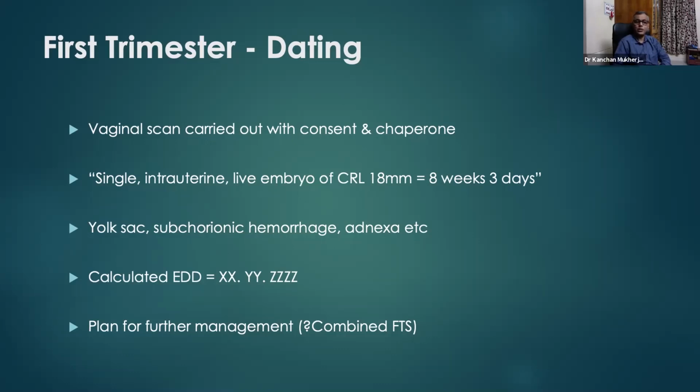Whether you have seen the yolk sac, subchorionic hemorrhage, and how the adnexa looked should be mentioned as well, and you need to calculate the EDD. So the clinician can see in the first trimester dating whether it differs by more than 5 days from the LMP-derived EDD. So either you or the clinician can finalize the EDD with that scan report.